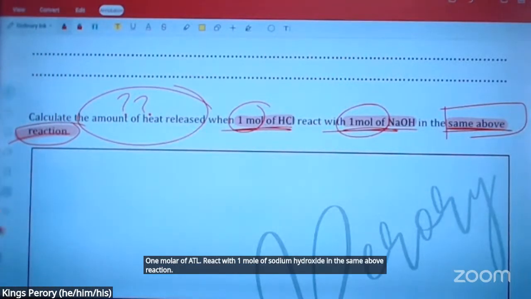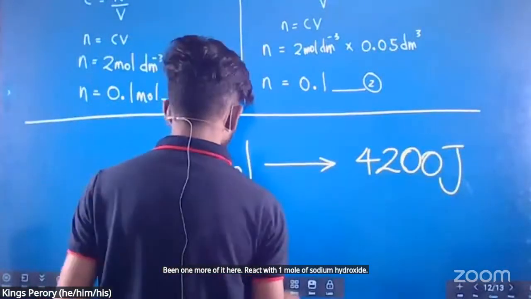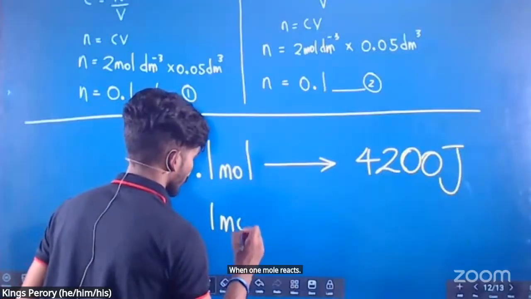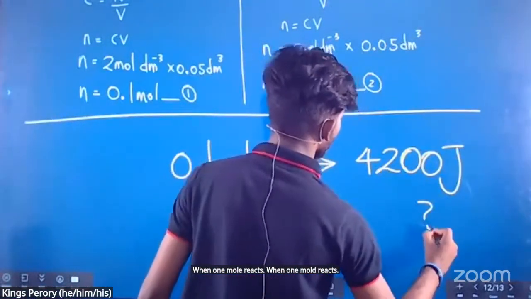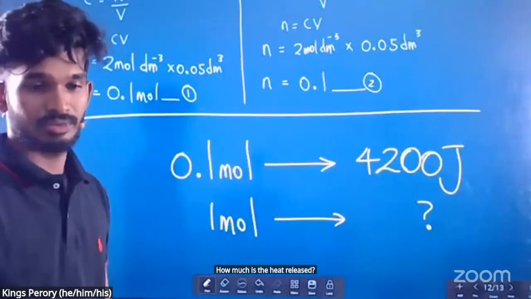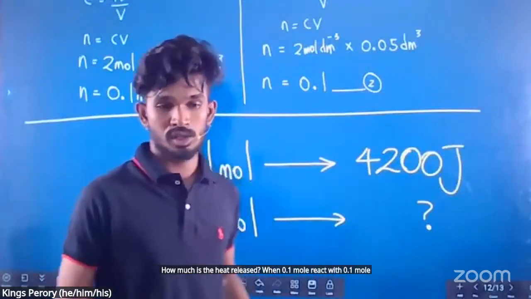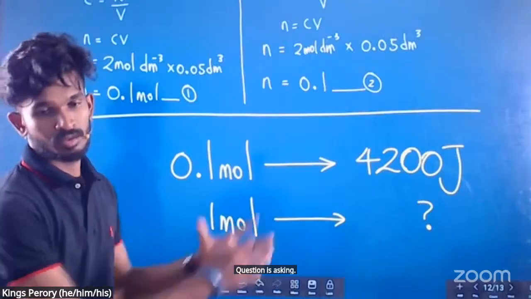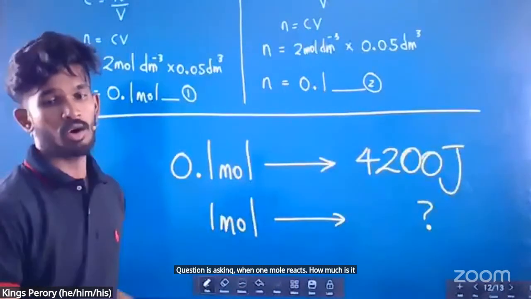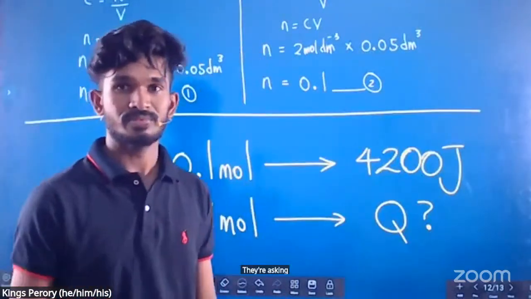When 0.1 mole reacts with 0.1 mole, 4,200 joules of heat is released. The question is asking, when 1 mole reacts, how much is it? I don't know that, so I'll just put the value Q. They're asking the Q value.